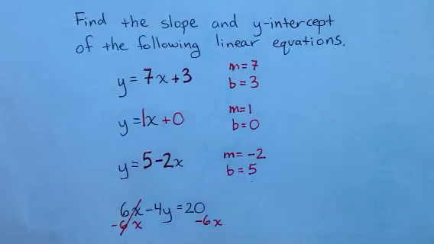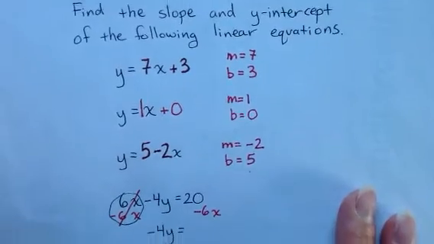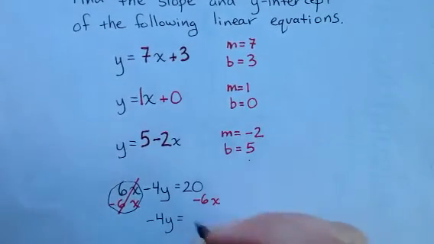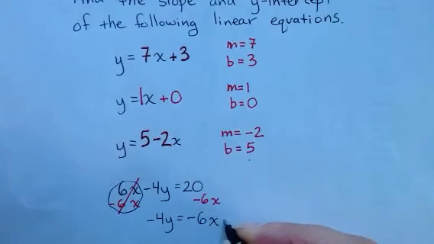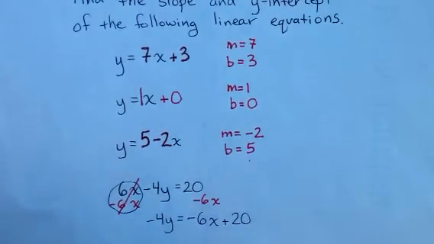Be careful with this negative. It's still there. This is going to equal 0, but I still have negative 4y equals, and then this is a constant term and this is a variable term, so I cannot combine these two. So I'm just going to write the variable term first just so that it's closer to slope-intercept form, plus 20.